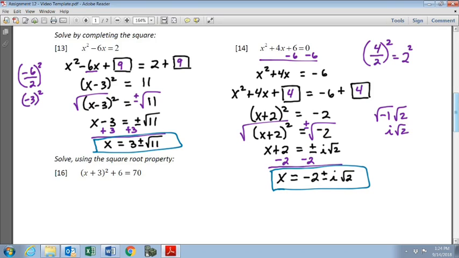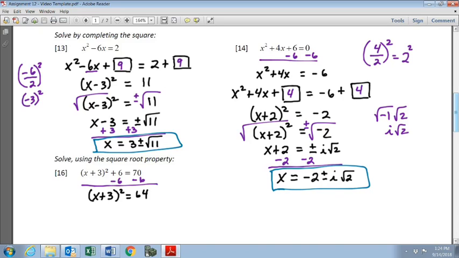All right, let's move on to number 16. Now here they're telling us to use the square root property. So what we want to do is get this squared part, x plus 3 quantity squared, all by itself. So let's get rid of that 6 by subtracting 6 on both sides. We're going to get x plus 3 squared is equal to 64.